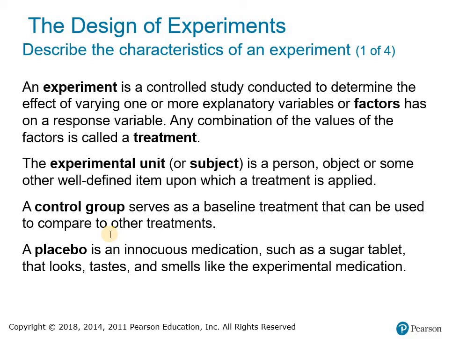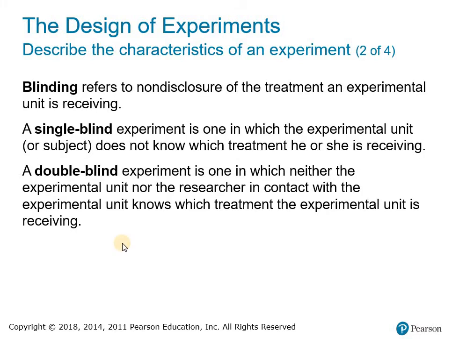treatment is applied. A control group serves as a baseline treatment that can be used to compare to other treatments. A placebo is an innocuous medication, such as a sugar tablet, that looks, tastes, and smells like the experimental medication. Blinding refers to non-disclosure of the treatment an experimental unit is receiving.